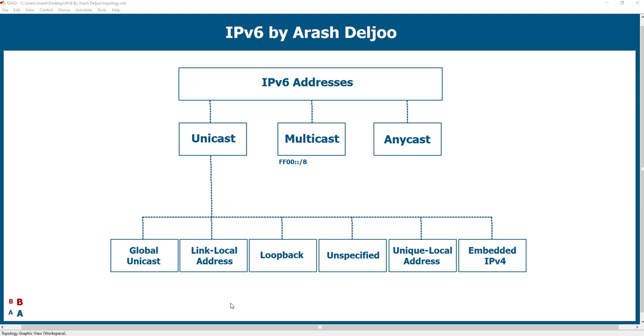In this video and some future videos, I would talk about many types of the unicast IPv6 address. But for now, I want to talk about two of the unicast IPv6 address types. First, unspecified, and then loopback. Let's start talking about the unspecified unicast IPv6 address and then the loopback unicast IPv6 address.